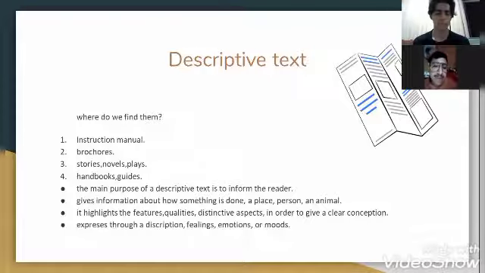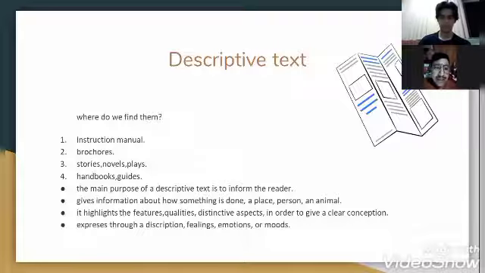It highlights the features, the qualities, the distinctive aspects in order to give a clear conception, so the reader knows what the author wants him to know and what the author is talking about.